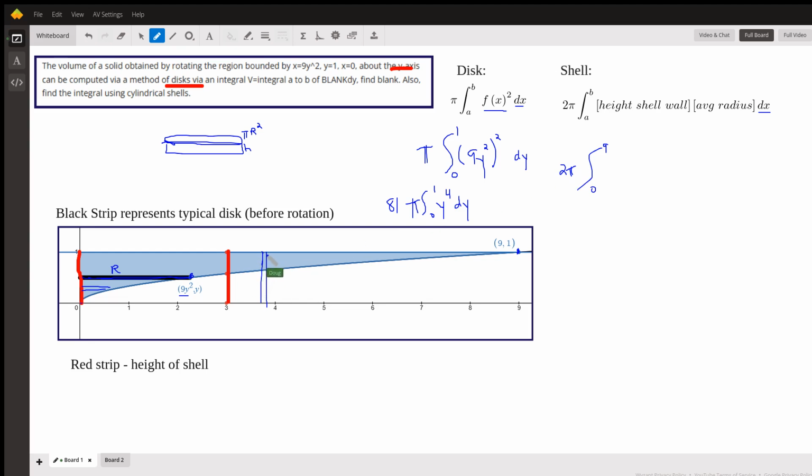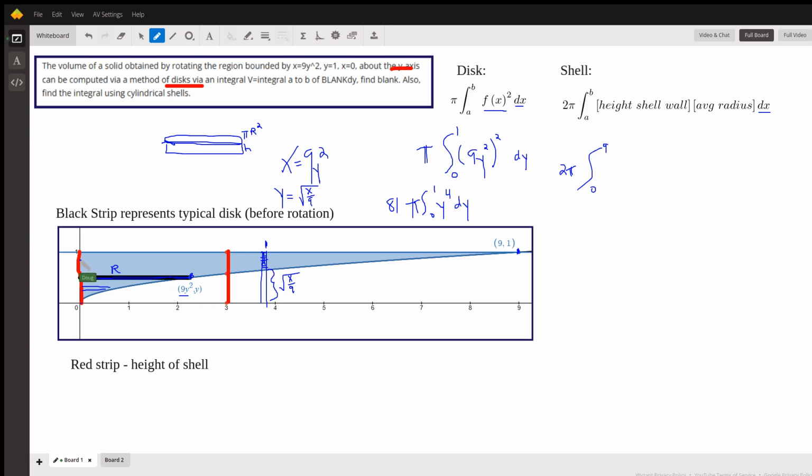Well, just this part right here is the shell. To get the height of that shell, the y-coordinate at the top is always 1. And then this distance, if we solve x equals 9y squared for y, we get y equals the square root of x over 9. That's what this distance is right here. So 1 minus that will give us the height of the shell.